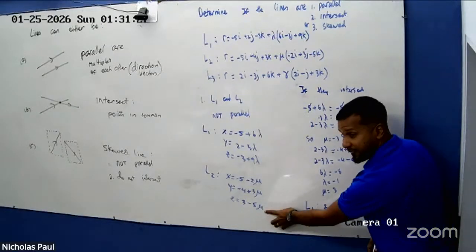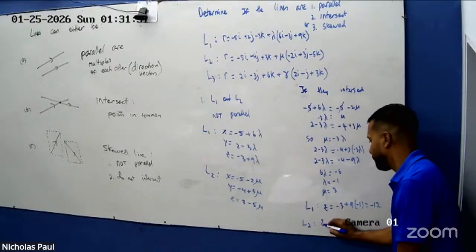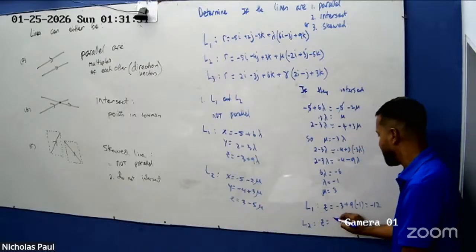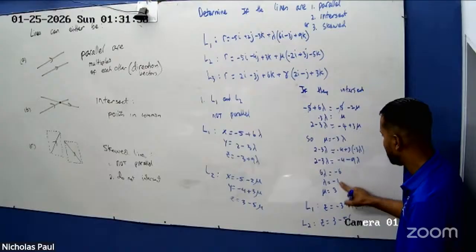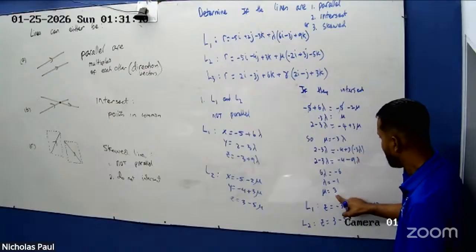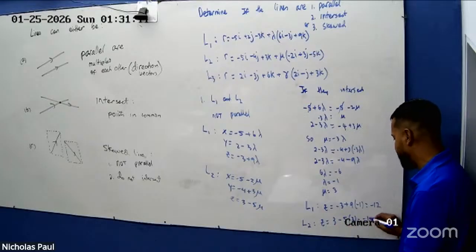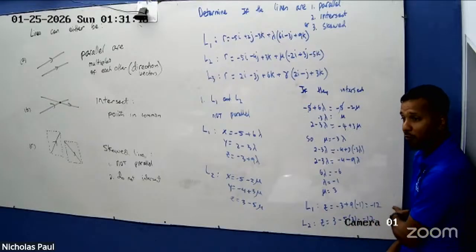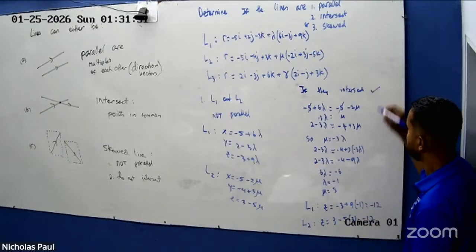Now I'm going to find z for L2. z is 3 minus 5 times mu. Mu is 3. I got 3 minus 15, which is minus 12. Are they equal? They are equal. What does that mean? They intersect.